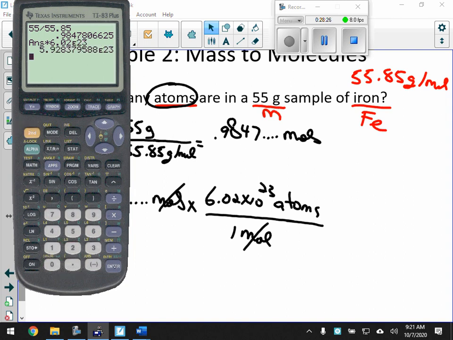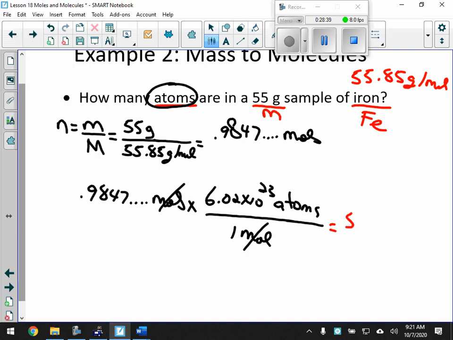E23 means times 10, of course, and we're going to get 2 significant digits in this one probably, yes? So 5.9 times 10 to the 23 would be my final answer here. 5.9 times 10 to the 23 atoms. Okay, good. All right. Questions, anyone?